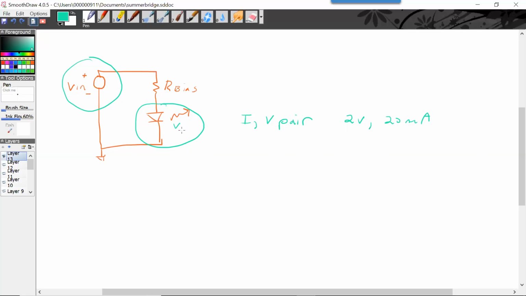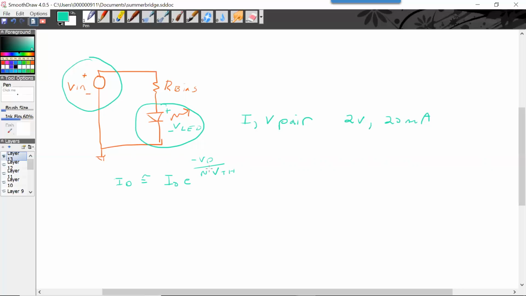Now, the mesh analysis is still going to work even though the LED isn't linear, right? The current through a diode in forward bias is approximately equal to this, which is nonlinear.